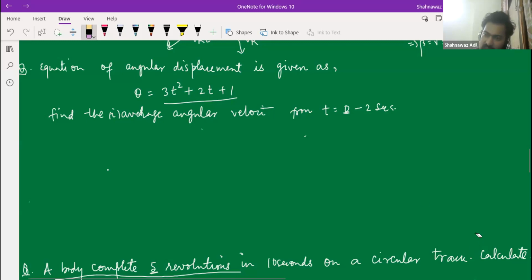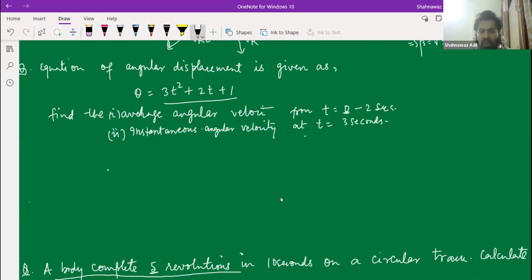So how this is dependent upon the time, and we have to find the average angular velocity from t equal to 0 to 2 seconds, and then find the instantaneous angular velocity at t equal to 3 seconds. So these are the questions, right?